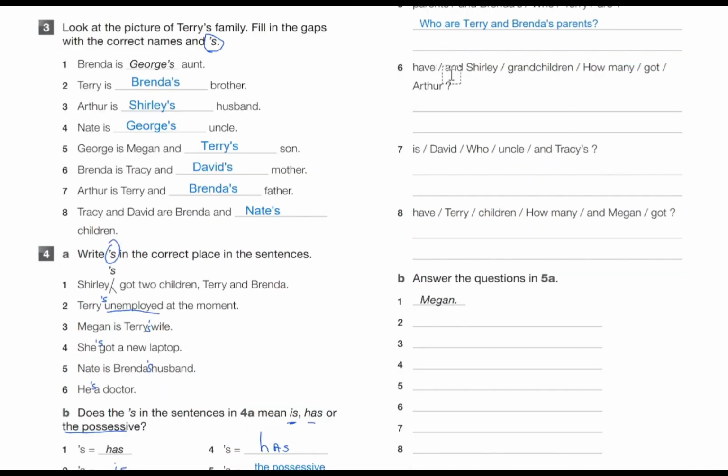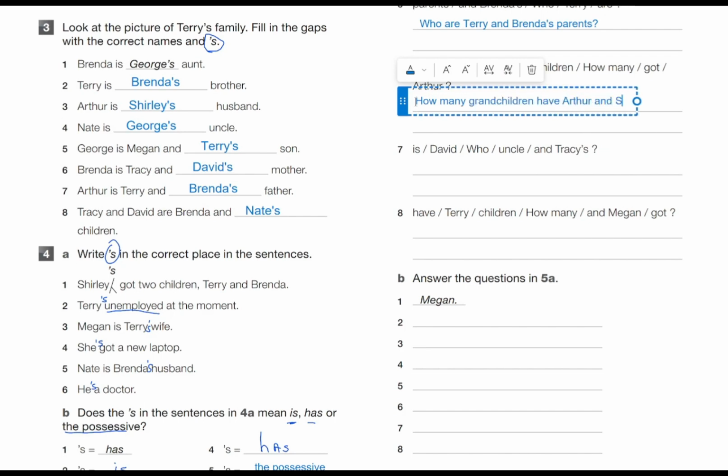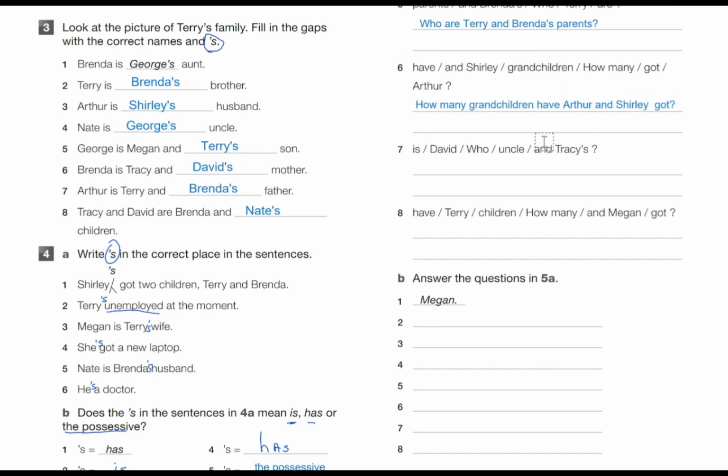Number six, have and Shirley grandchildren, how many got Arthur? So it'll be how many grandchildren have Arthur and Shirley got, right? How many grandchildren have Arthur and Shirley got?